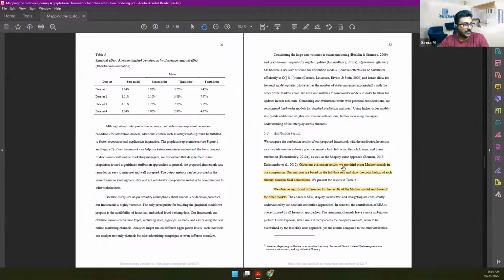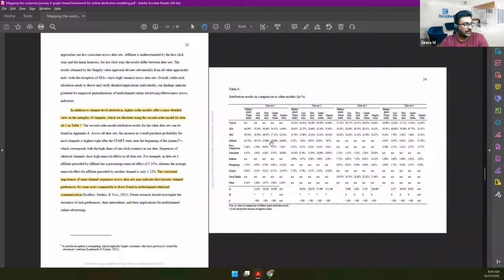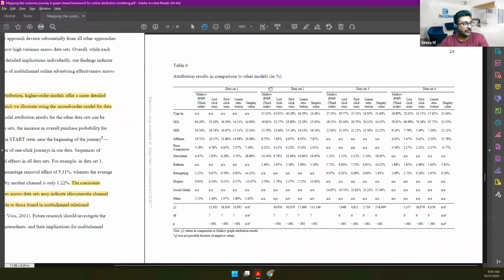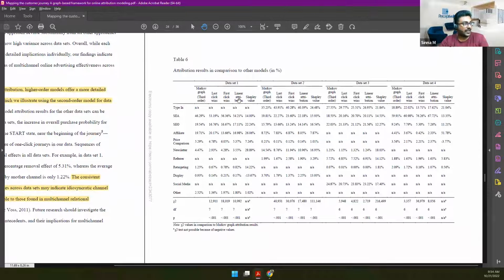So given our evaluation results, we use third order in a comparison, and that is what they've used to do these further analysis. So here they've given the attribution results for the different data sets for different models. So what are the different channels and how much is the attribution? And if you see here, they have taken only the third order from the Markov chains, and others are all remaining models.